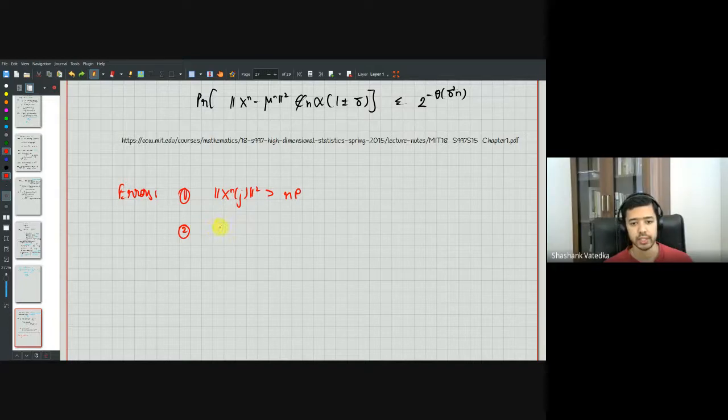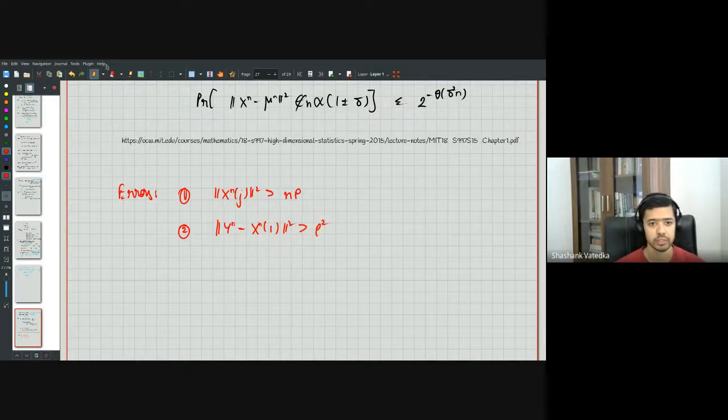Okay. So the second source of error is that you look at the received sequence, and the actual transmitted sequence, let's say for the first message, lies far away from the received sequence. So the actual transmitted code word lies at a distance greater than rho from the received sequence.